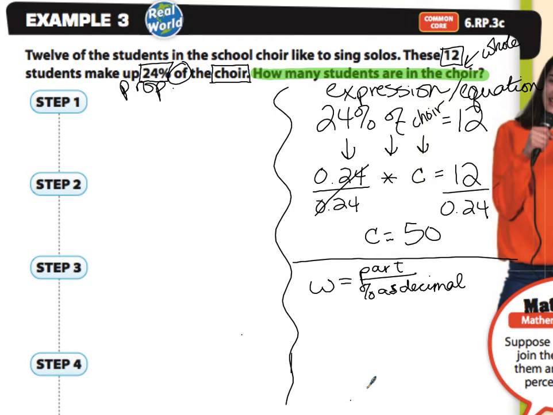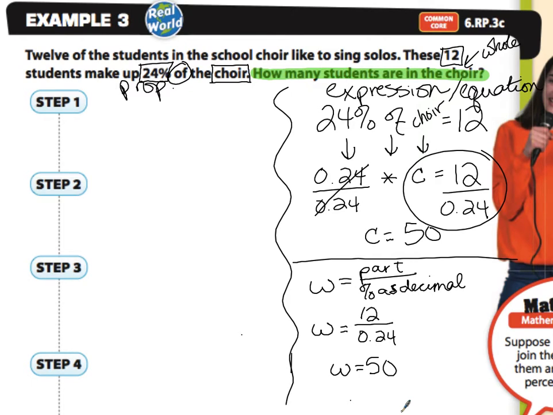So let's test my theory out. We don't know the whole, we don't know how many kids are in the choir, but we know that the part 12 divided by the percent will give us our answer. Isn't that exactly what I did right here? And when I did, same thing. I'm still doing 12 divided by 24 hundredths, and I still get 50.